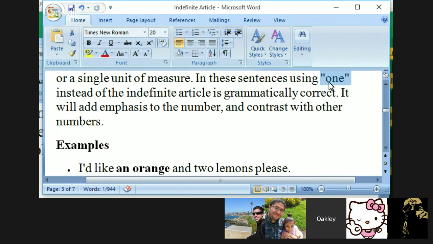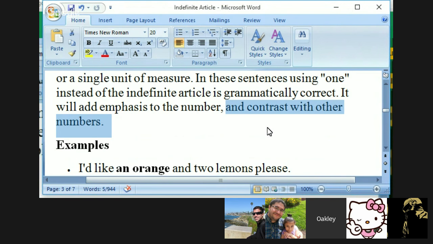When we do that, the point is it will add a little emphasis to the number and make the number more important. It is normal to do that when we need to contrast with other numbers.